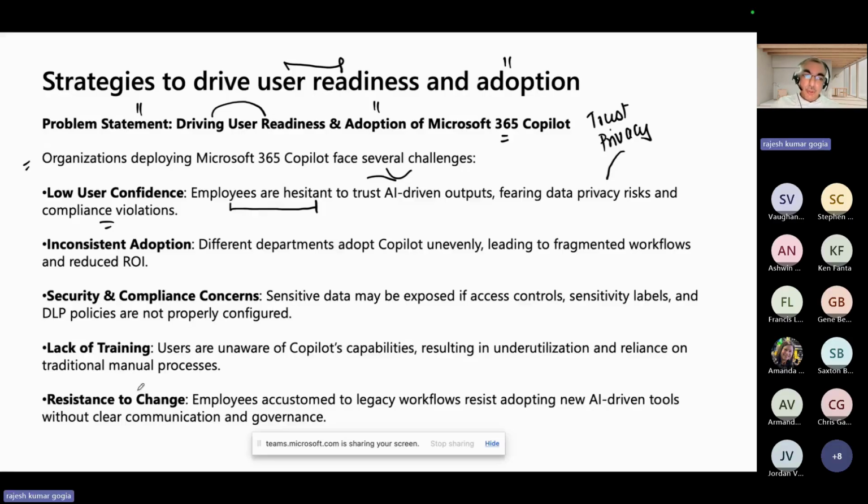That showcases nothing but low user confidence and inconsistent adoption. Sometimes this can be common, because maybe some departments adopt, some departments don't, and each of them adopts unevenly. Meaning no standards, no guidelines, no instructions, and they're just adopting it.